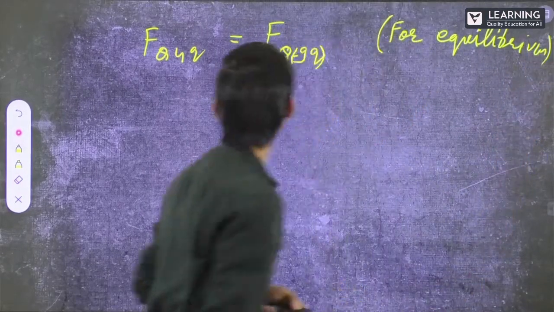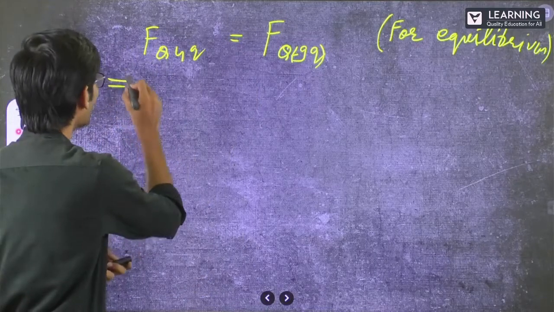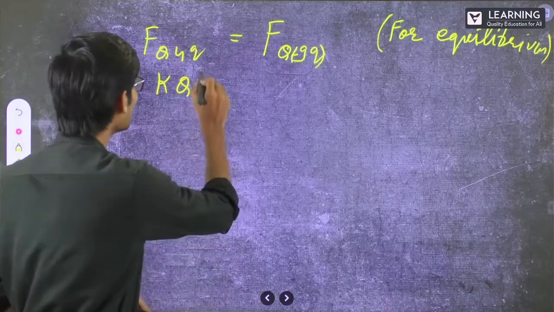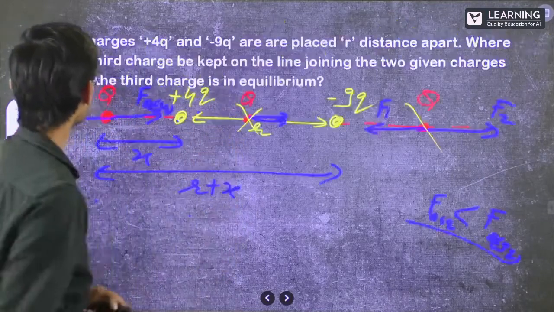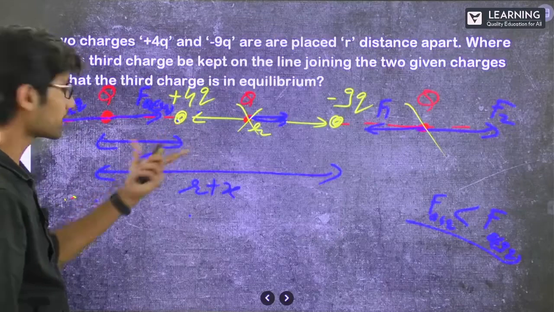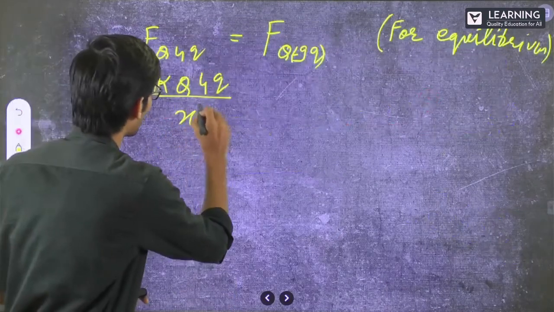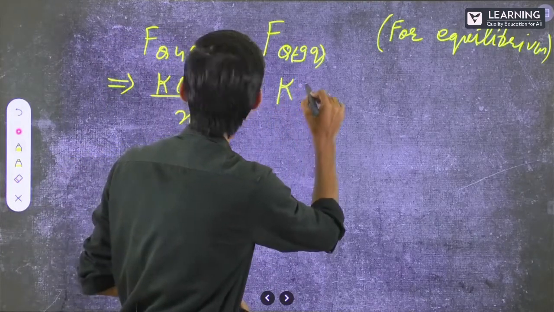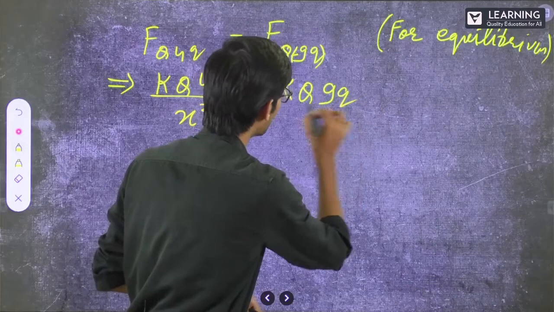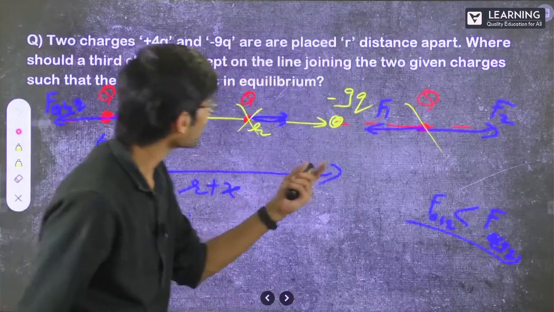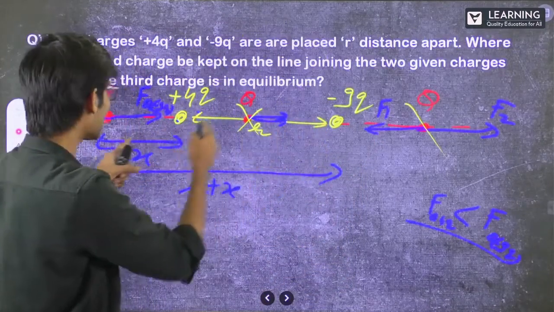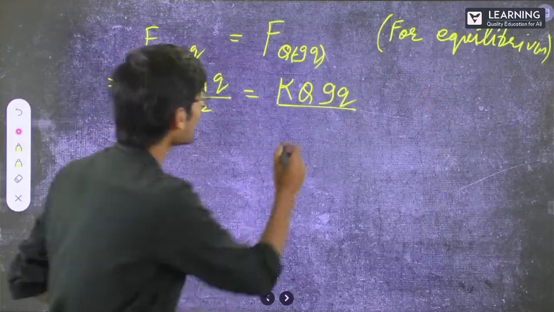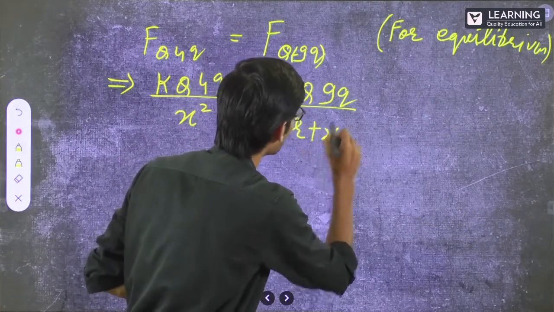So from here, force on Q due to 4Q, how much is it? It will be K into Q into 4Q divided by the square of the distance between this and this, that is x, so x square. Correct? Then that is equal to K into Q into 9Q divided by, now here the distance from here to here is r and x more, so this will be r plus x whole square, correct?